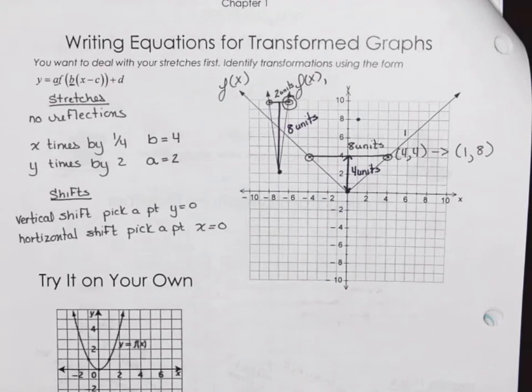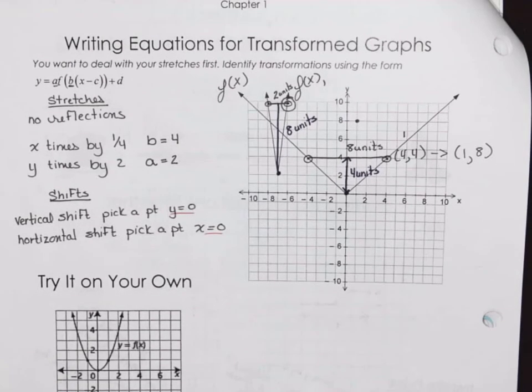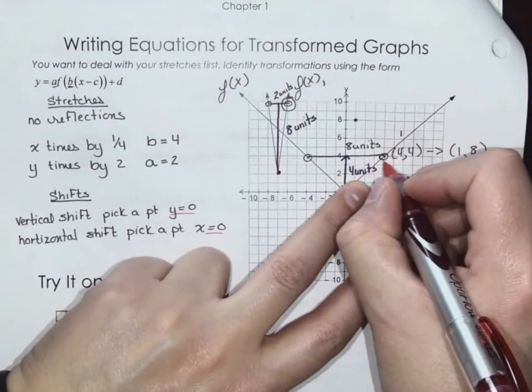So over 1, up 8. Now I've got to get to its matching point. What do I have to do to move over and up? Okay, so that would be the strategy if you didn't have a point that had 0, 0.